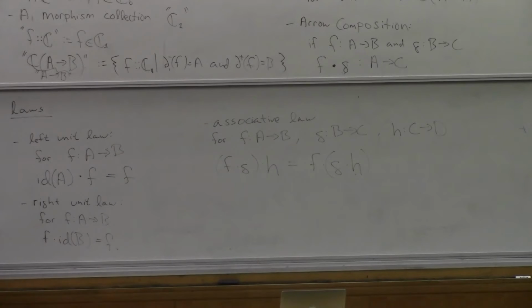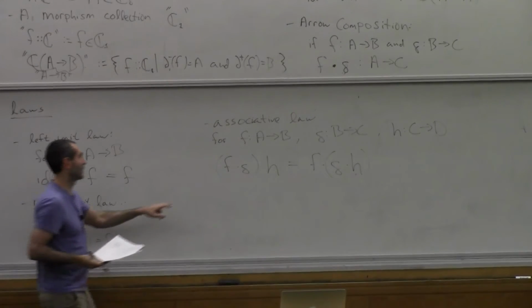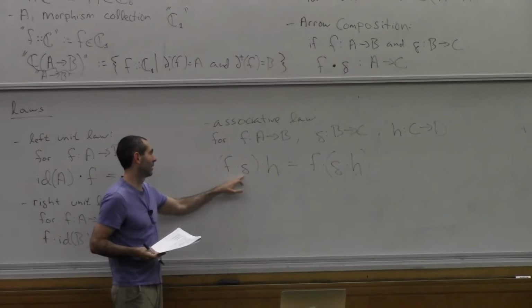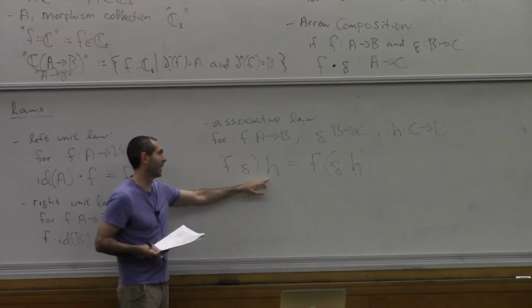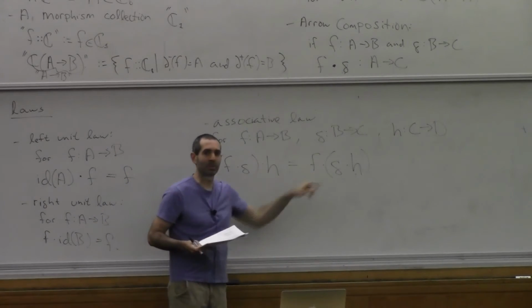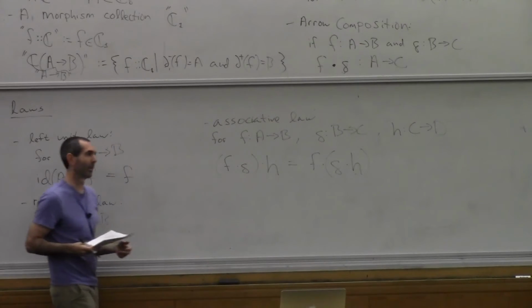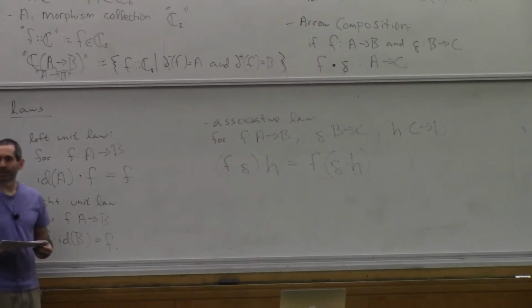So it's just what you would imagine. It's this thing that I told you about before with the Legos. It doesn't matter if you first put the little Lego head on the little Lego torso, and then connect the little Lego legs to make the Lego man, or if you put them together in the other order, you end up with a little Lego man either way. Okay?